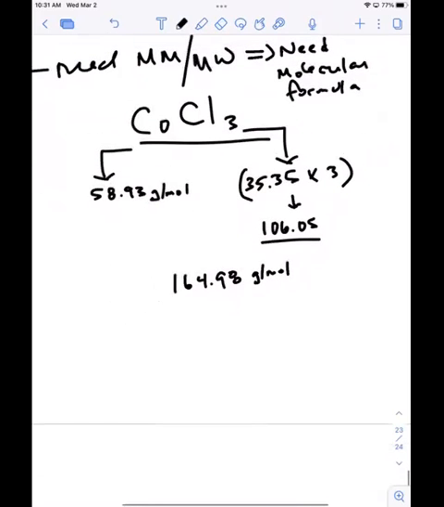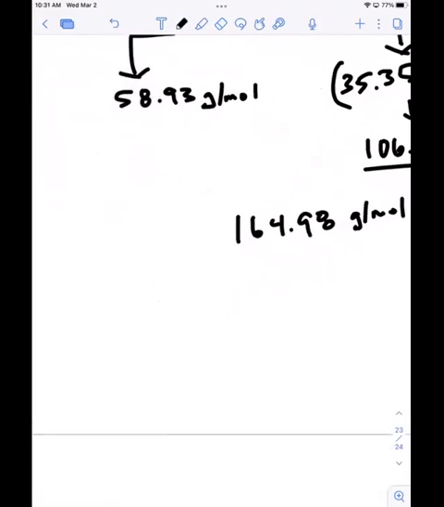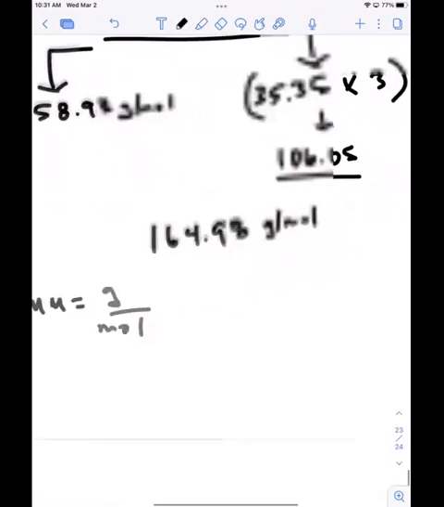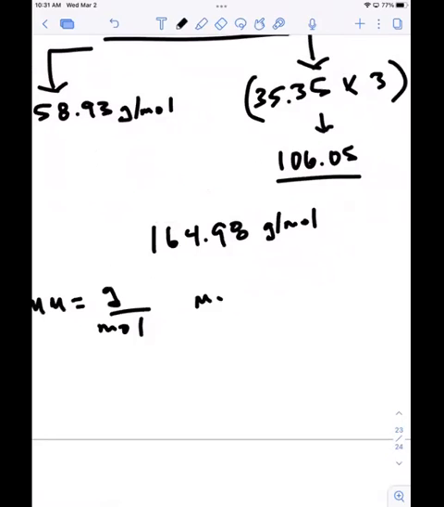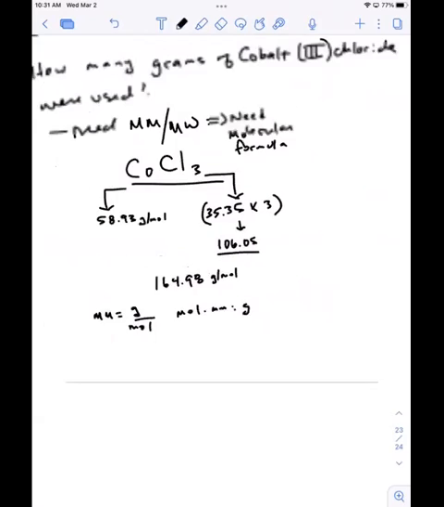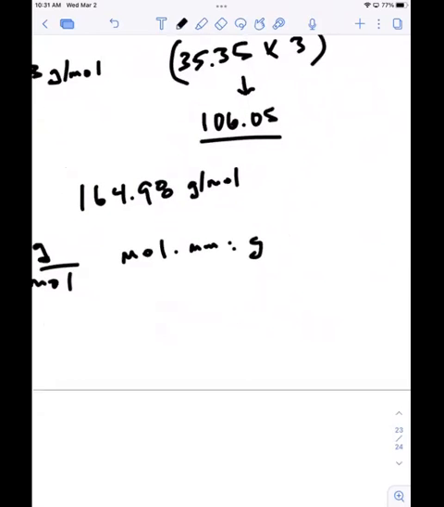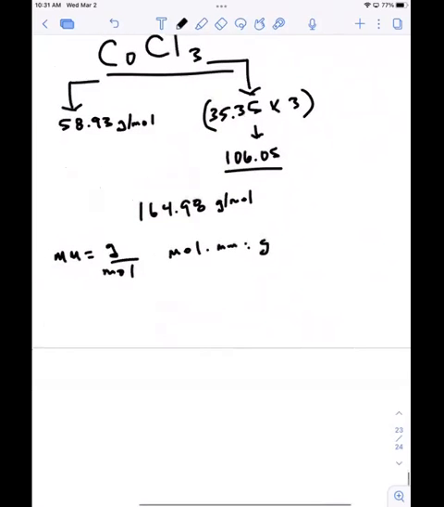All right, so now we can figure this out because we know our little equation. Molar mass is grams per mole. And if we manipulate that, moles times molar mass is grams. We're looking for grams, right? How many grams? So this is what we need, moles times molar mass. We know the moles, we know the molar mass. Let's go ahead and calculate that.